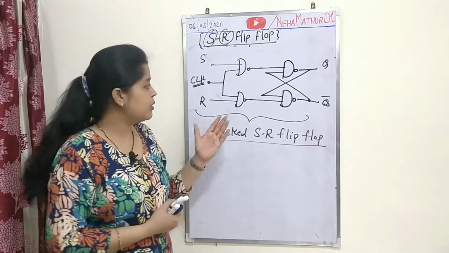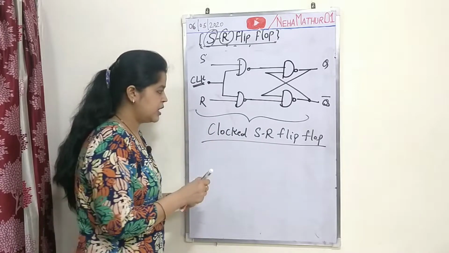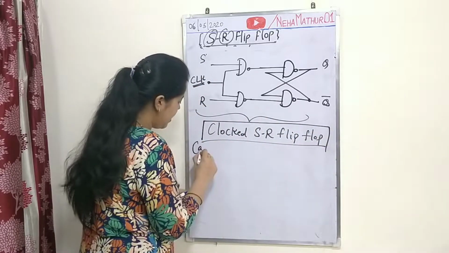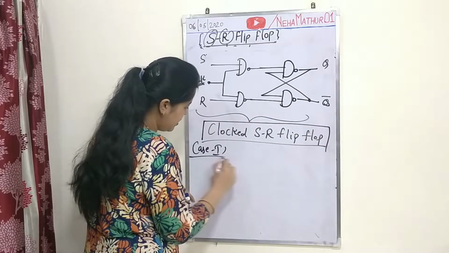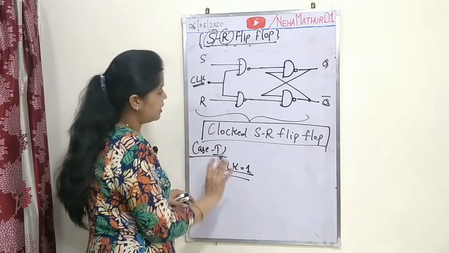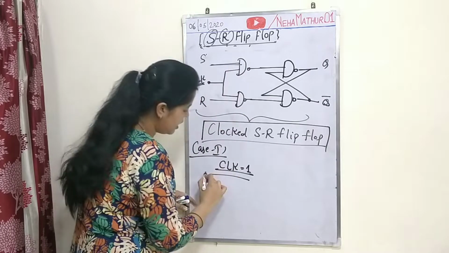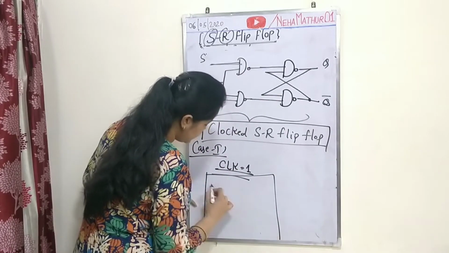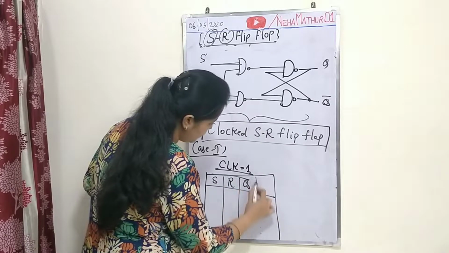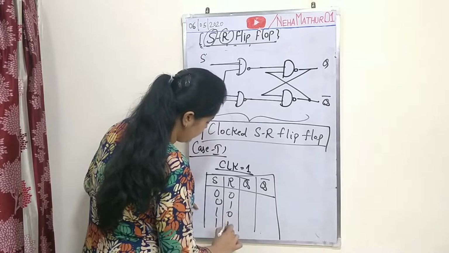Now what about its working? Its working is simple. There is no need to get confused. Here you will have to assume that whenever your clock is equal to 1, all the cases which I told you will be applicable, like 0 0, 0 1, 1 0 and 1 1.